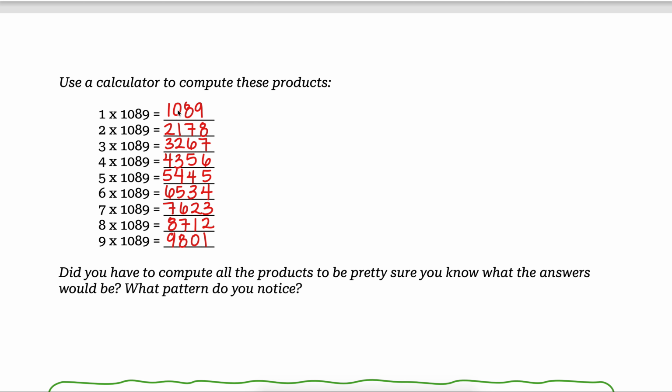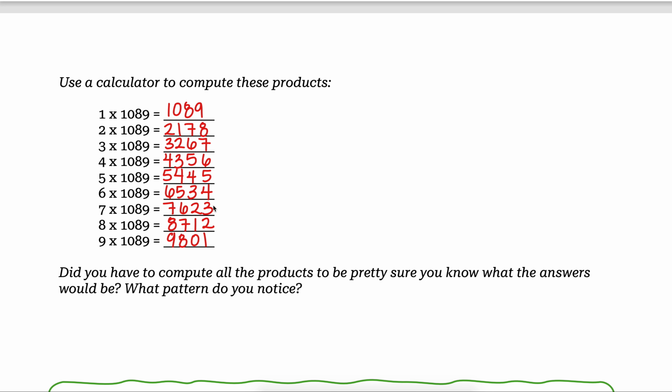And in the hundreds place, it started at 0, and then each time increased by 1 till you got to 8. In the tens place and the ones place, it worked the other way. It decreased by 1 each time. So in the tens place, it started at 8 and went down 7, 6, all the way to 0. And in the ones place, it started at 9, and again, it went down by 1 to 1. So there is a pattern there.